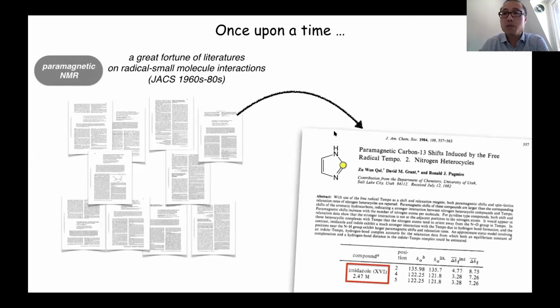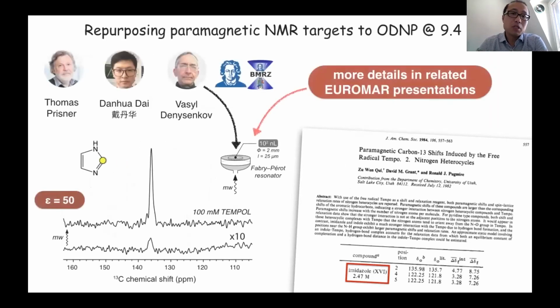And from this particular publication in JACS in 1984, the authors demonstrated, by paramagnetic carbon-13 shifts, that this particular molecule called imidazole interacts with TEMPO radical. So we put this molecule in D2O and repurposed this paramagnetic NMR study to high field DNP. We used our home-built Fabry-Perot resonator.